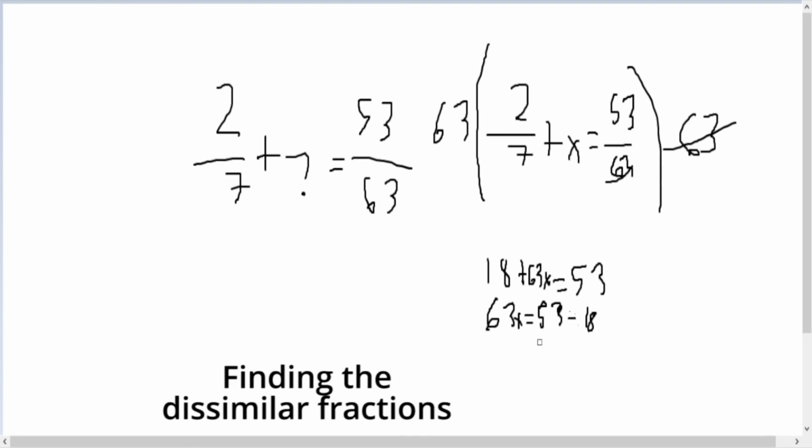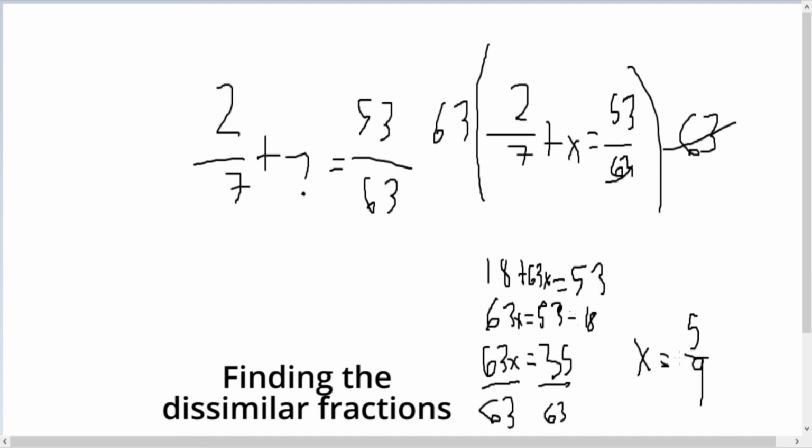Okay, so this one, 63x equals 53 minus 18. Now this one will be simplified by dividing both sides by 63, and it will come out as x equals 5 over 9.